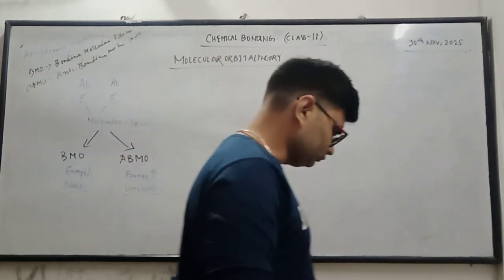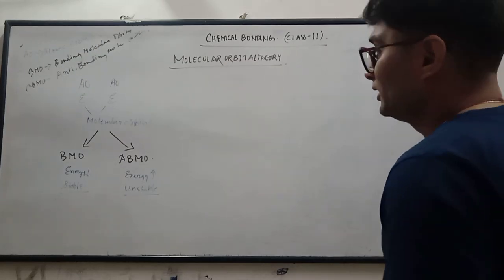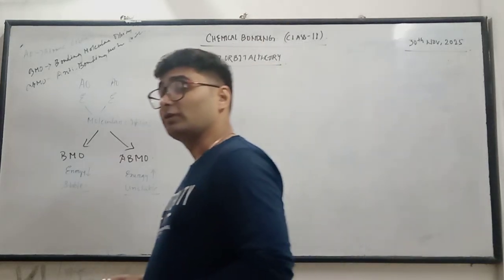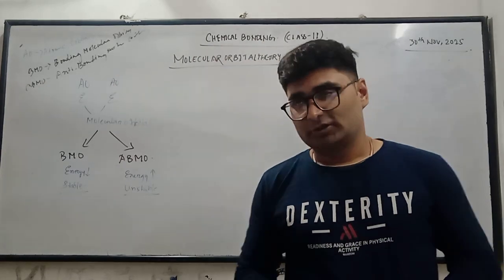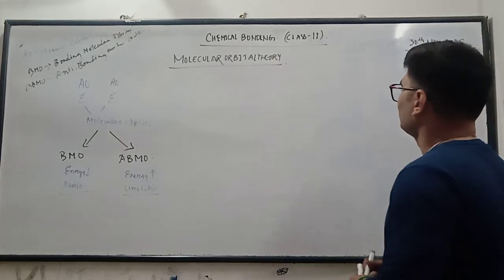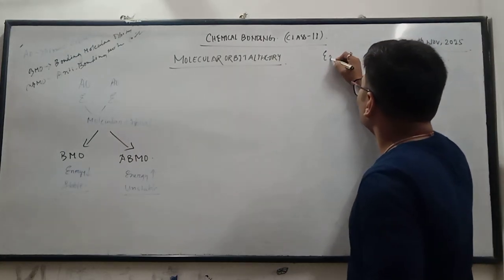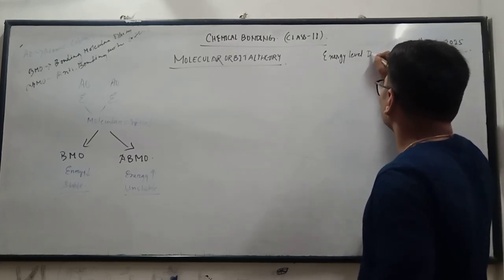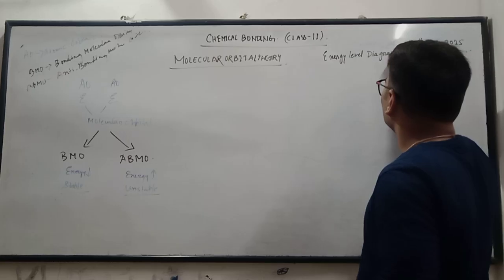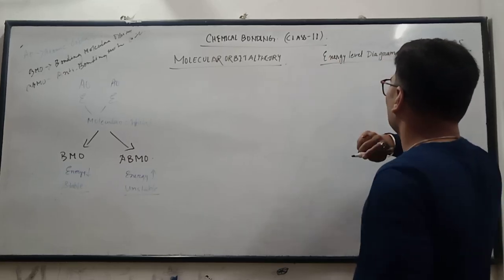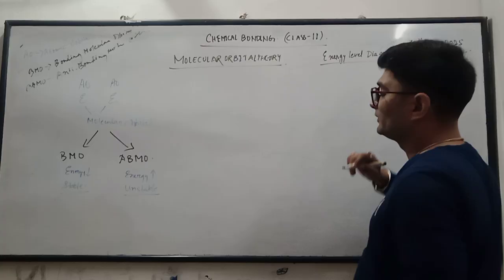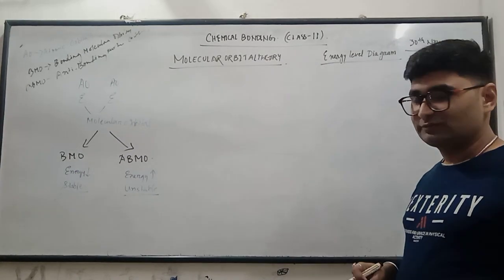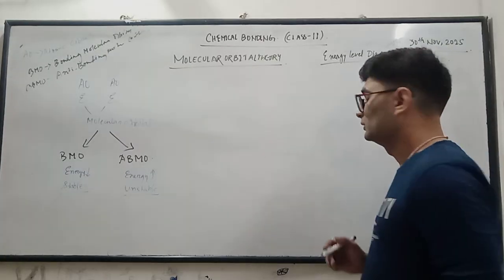Now, how can we represent a molecular orbital? We can represent it on the basis of an energy level diagram. The energy level diagram depends on the total number of electrons in a molecule, since we are talking about a molecule.